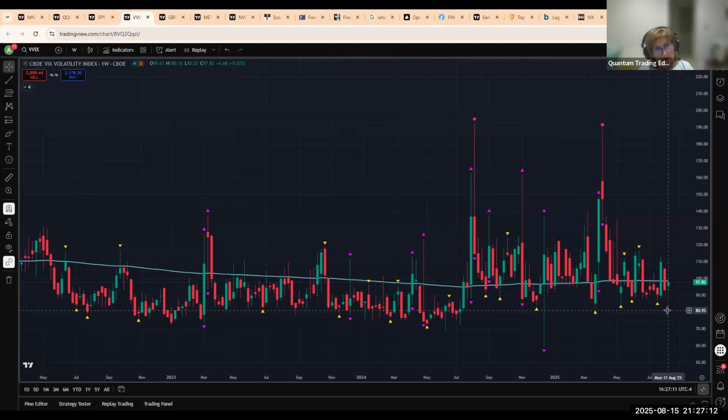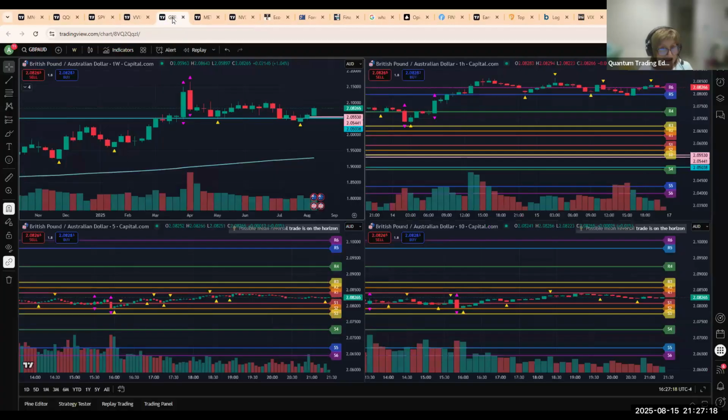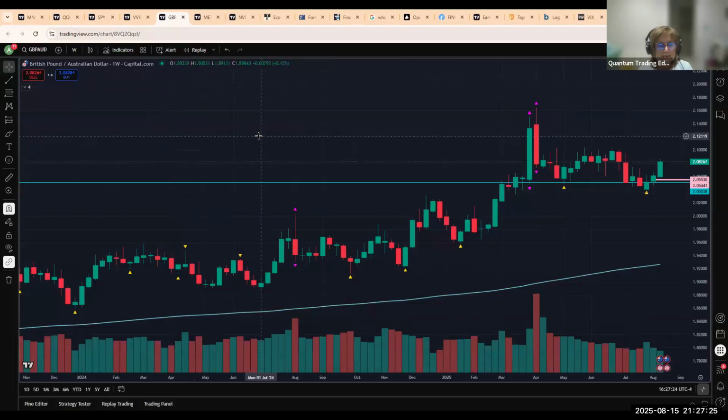For those of you who were here last time, and we looked at the pound Aussie, and again, it was looking at VPA and the significance of significant levels at inflection points on the chart.